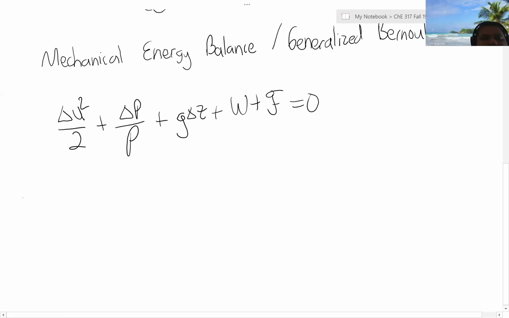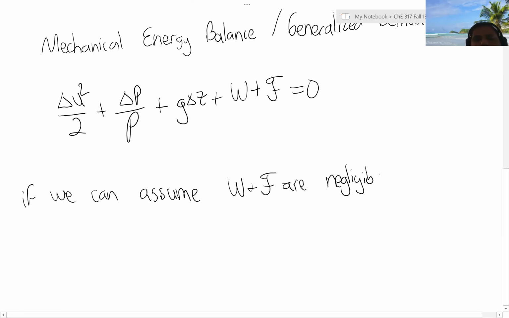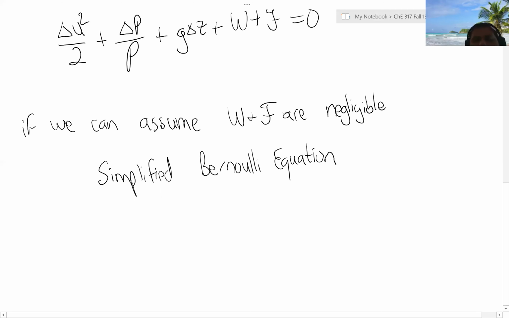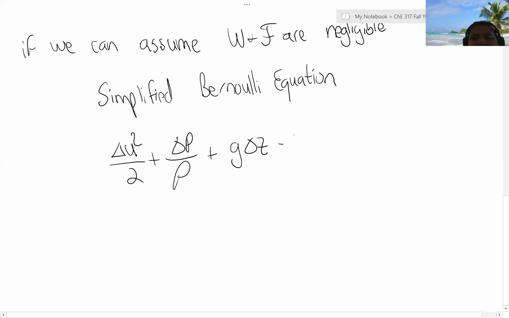Now, if we can assume that work and friction are negligible, we get the simplified Bernoulli expression, which states that the energy must be conserved and will simply transfer between pressure energy, static energy, and kinetic energy.